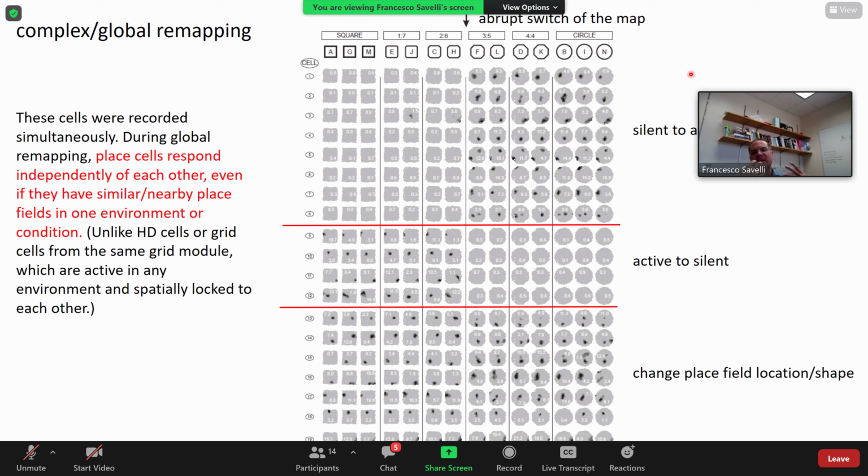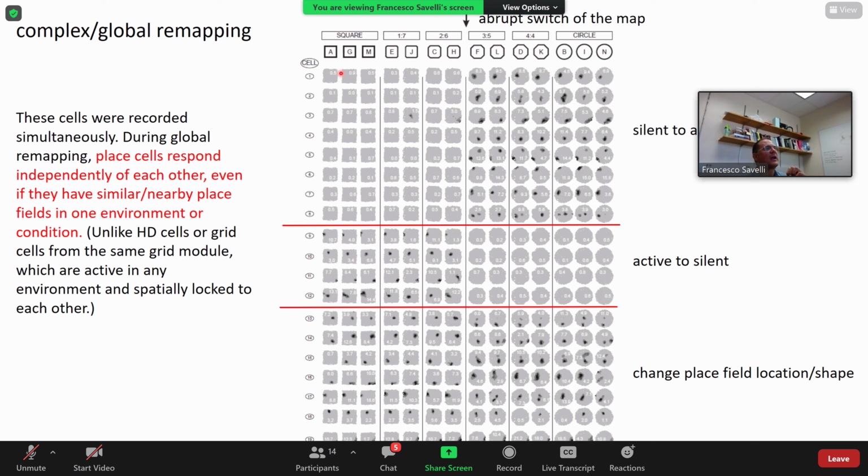And they trained the animal, familiarized the animal with these 2 environments for a very long time. And then one day, they do an experiment like the one that is shown here, in which they put the animal in different kinds of environments that are kind of transitions between a square and a circle, right?